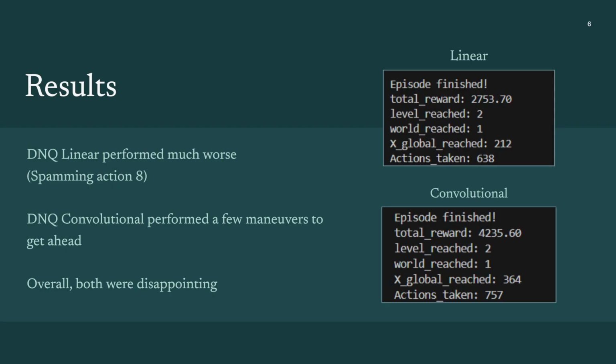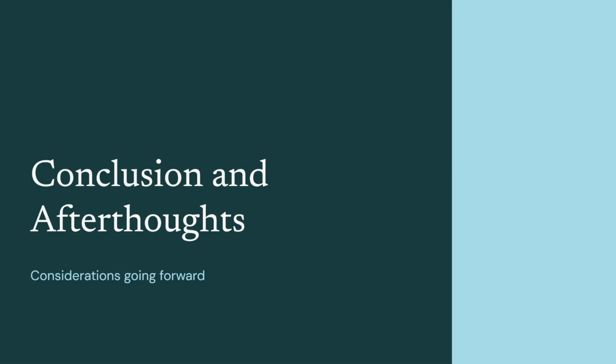The other architecture, DNQ Convolutional, did slightly better, opting for a few different options as it progressed the game state. Overall, this resulted in both architectures failing to progress anywhere close to the end of the first level like we had hoped. But DNQ Convolutional was shown to be the more successful architecture for this type of program, making it 152 pixels farther. In the end, we learned a lot by doing our project this way.